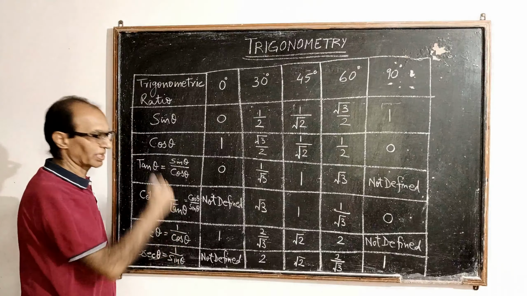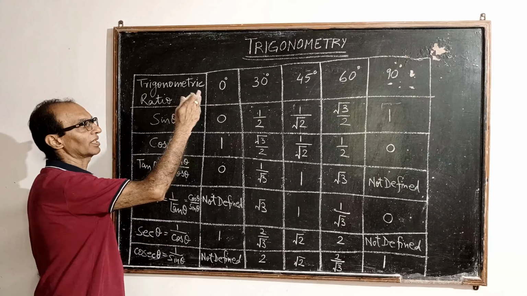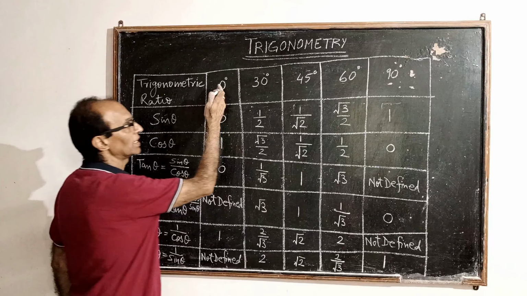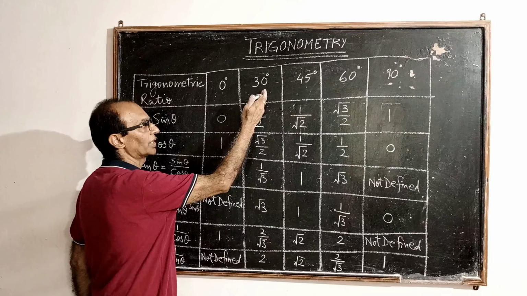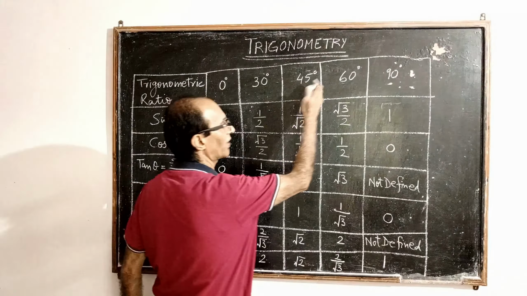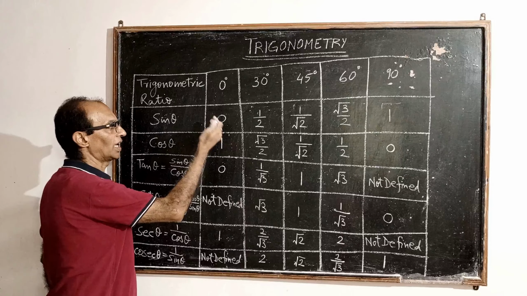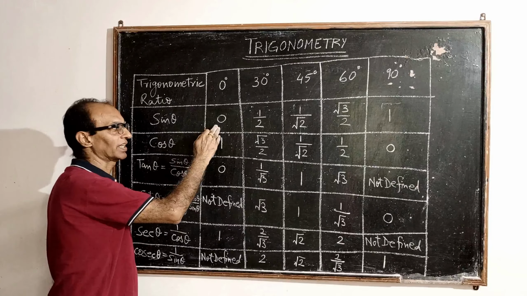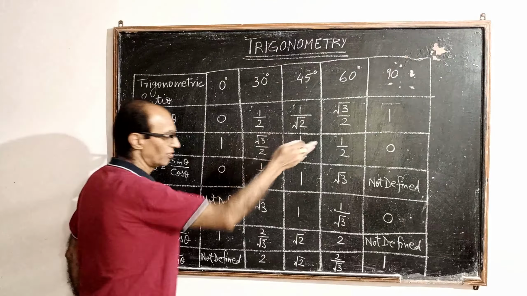These 6 trigonometric ratios for the angles varying from 0, 30 degrees, 45 degrees, 60 degrees, and 90 degrees. And remember that if we remember how to work out the values of sine theta, we can work out all these values easily.